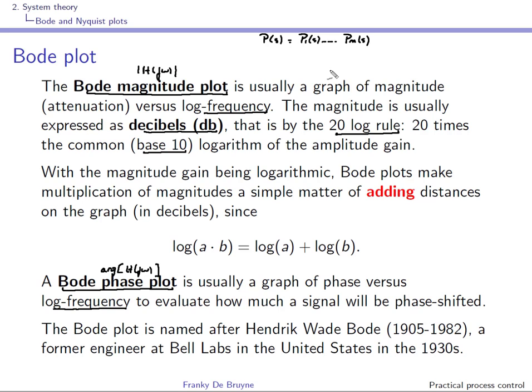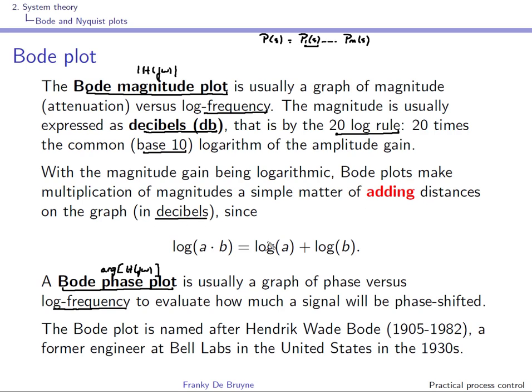And if you're able to draw the Bode diagrams of the individual components, then you simply have to add up. The phase shift adds up, and since we're working here with a magnitude in decibels, multiplying will become a matter of adding distances in decibels.